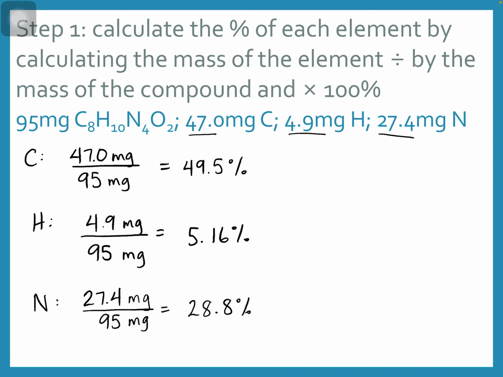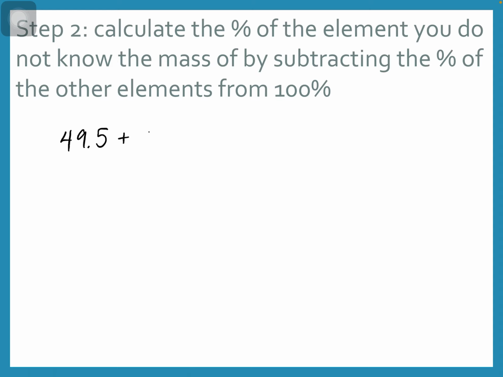So we have 49.5, 5.16, and the other one was 28.8. If we add all of those together, that gives us 83.46% come from those.